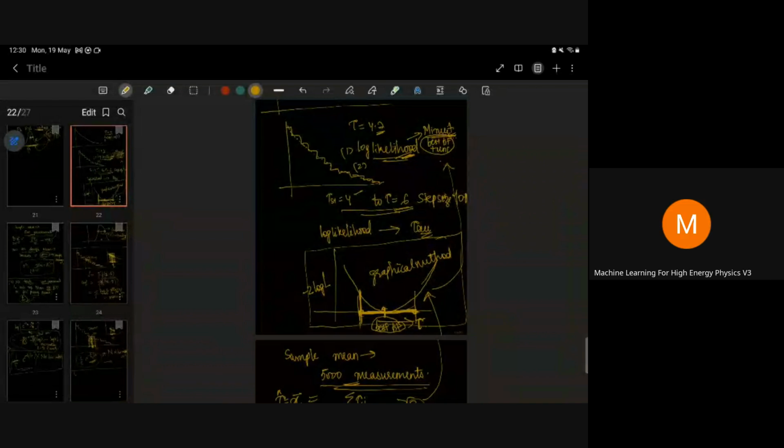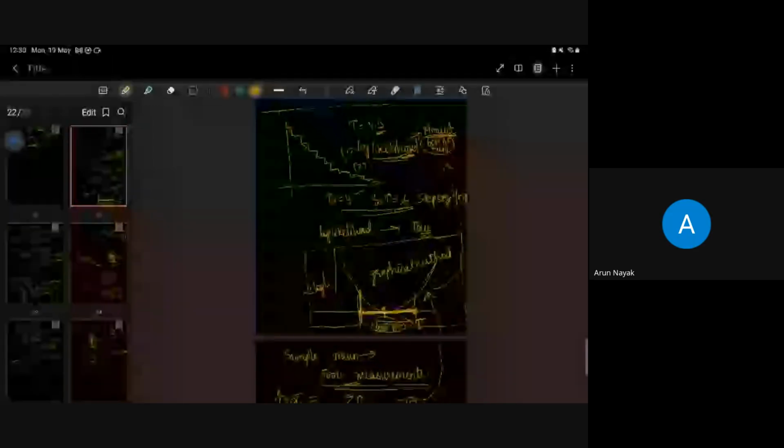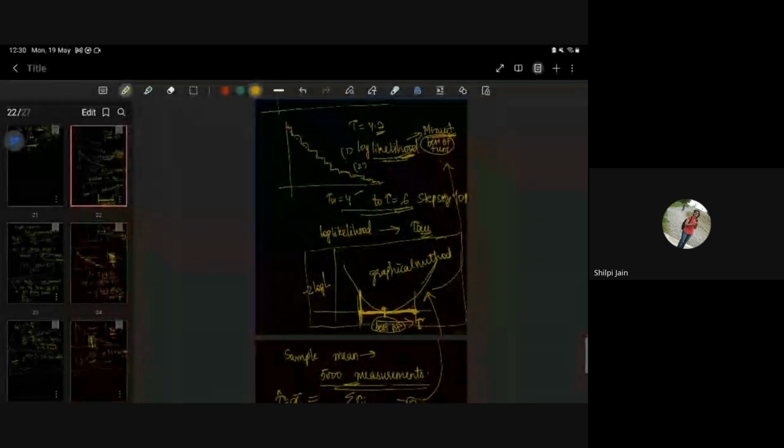No, Arun said there will be no lecture. So let's not start a new topic. What time would you like to start tomorrow, Shilpi? Maybe 10:30. That's fine, because in half an hour to 45 minutes I'll do this exercise which is remaining from today.